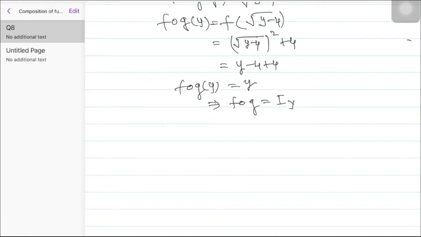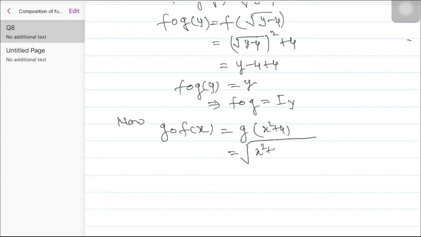Now let us find gof of x. Now what is the definition of fx? Fx is x square plus 4. What is the definition of g? It is square root of y minus 4. In place of y we will have the complete x square plus 4.